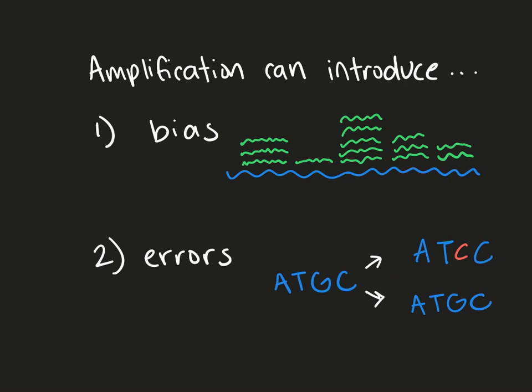But one problem here is that amplification can introduce a number of problems itself. For example, you can have bias. That is, along a genome, along a section of DNA, certain regions might be more amplified than other regions. We call this bias. And one way to counter bias is to make sure that you don't over-amplify.